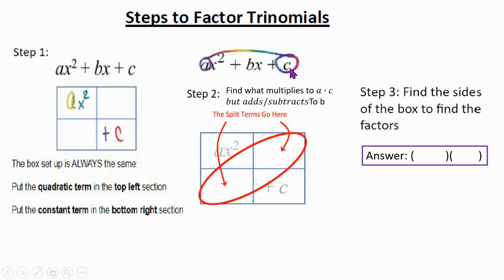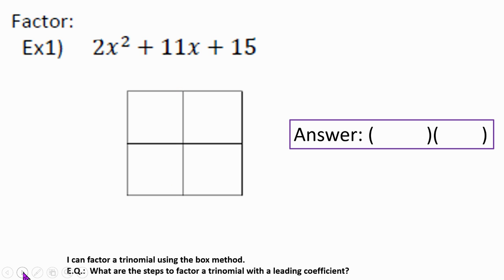So it multiplies to these, but adds to the middle, and that's going to go on the sides of your box. And then once you have this filled out, then it's just like what we did the other day. You fill out the sides, what goes here, what goes here, what goes here, what goes here, and then you write your answers. All right, so let's do an example.